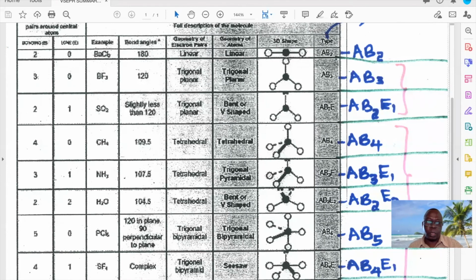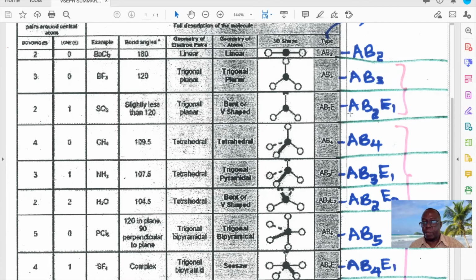And then electron domain geometry is trigonal planar. So if I was to answer a question on electron domain geometry, for this it is trigonal planar, but for molecular geometry, it is bent.